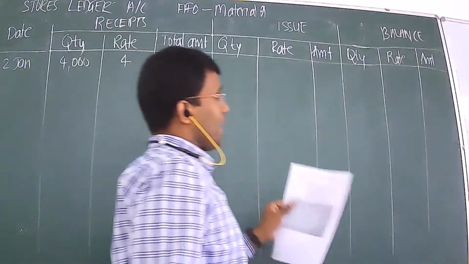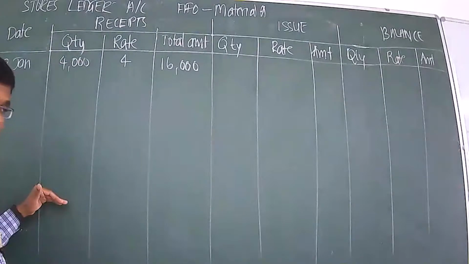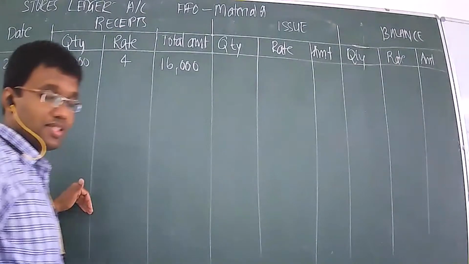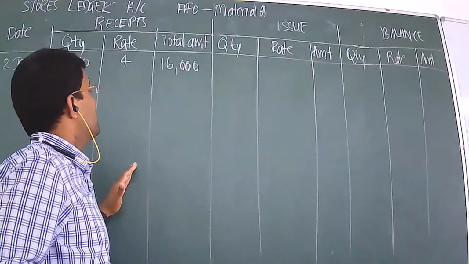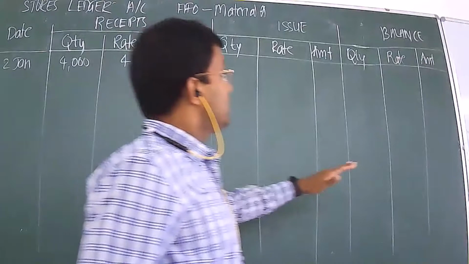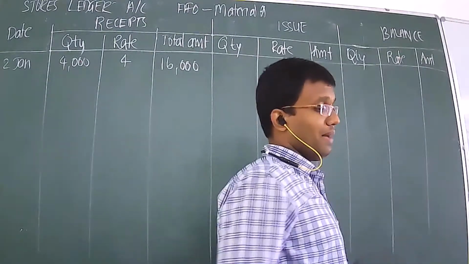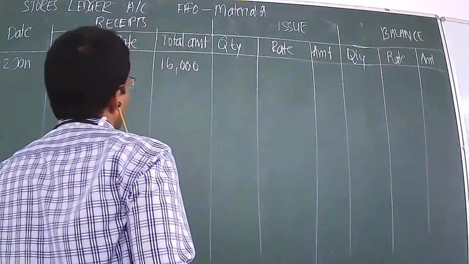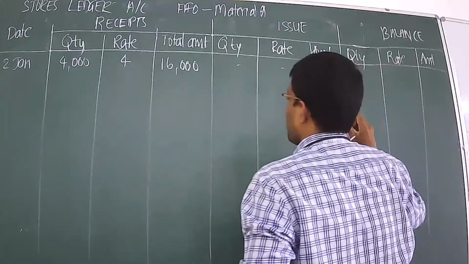Now we have to record the balance. Whatever transaction that your business carries out, that could be in the form of purchase, or that could be in the form of issue, immediately you will have to go about recording the balance over here. We didn't have any issue on 2nd of Jan. Now let's record the balance.